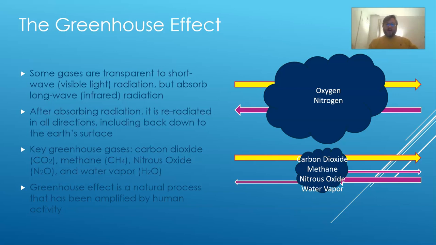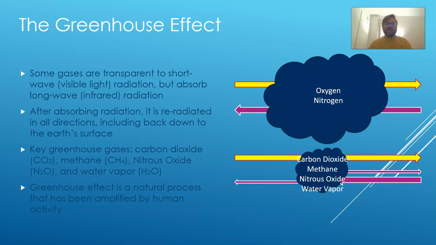So shortwave insolation passes right through oxygen and nitrogen, isn't absorbed, doesn't reflect off of them, just comes right in. And then the longer wave radiation, the thermal infrared radiation, again, goes right back out through the oxygen and the nitrogen. So that's making up 99% of our atmosphere, with no effect on that radiation going in and out.